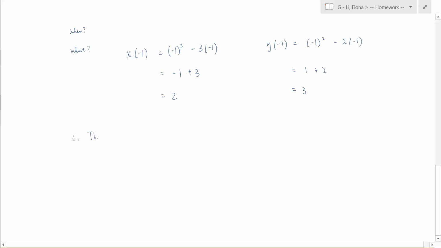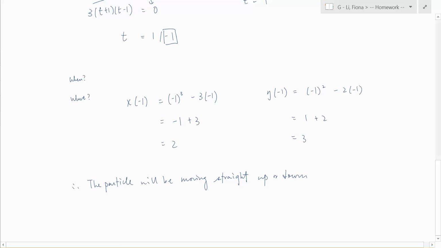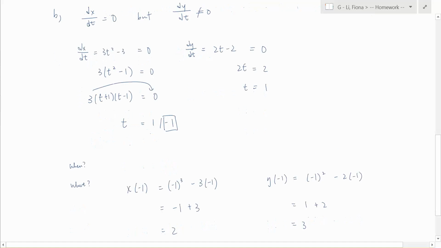So the particle will be moving straight up or down at time equals -1 at (2, 3), which is this coordinate.